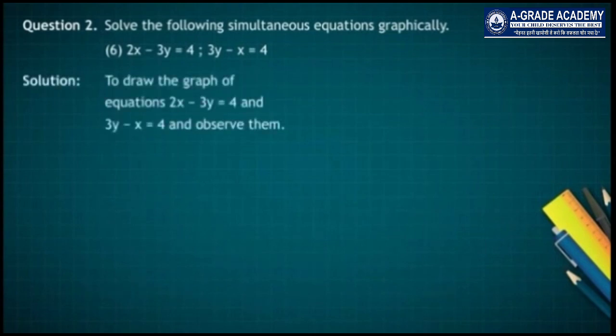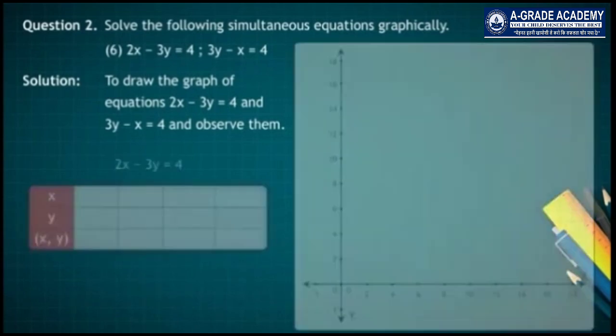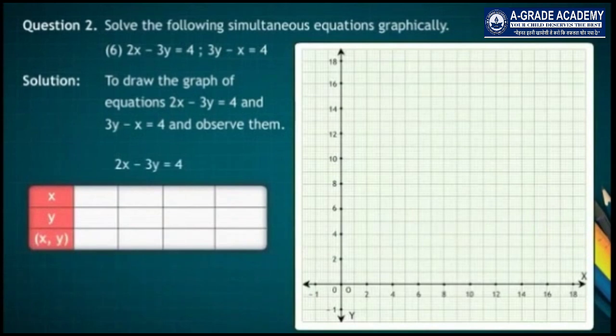To draw the graph of the equations 2x minus 3y is equal to 4 and 3y minus x is equal to 4, and observe them. 2x minus 3y is equal to 4. x is 5, y is 2, (x, y) is (5, 2).